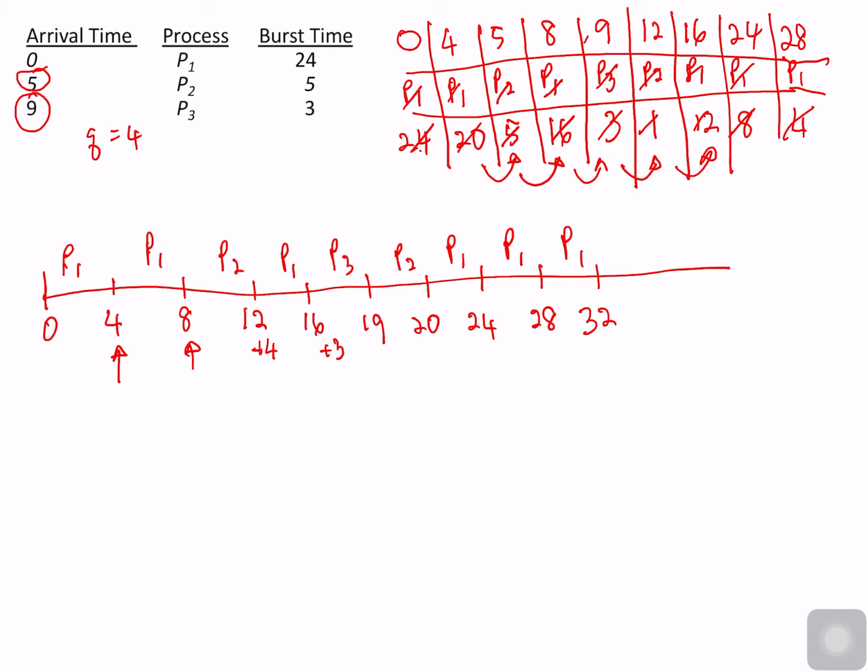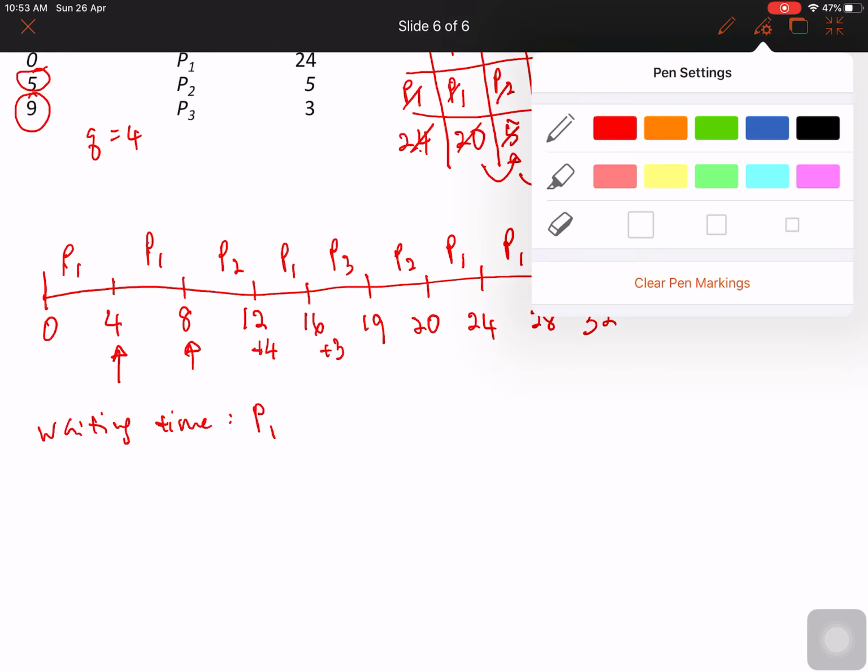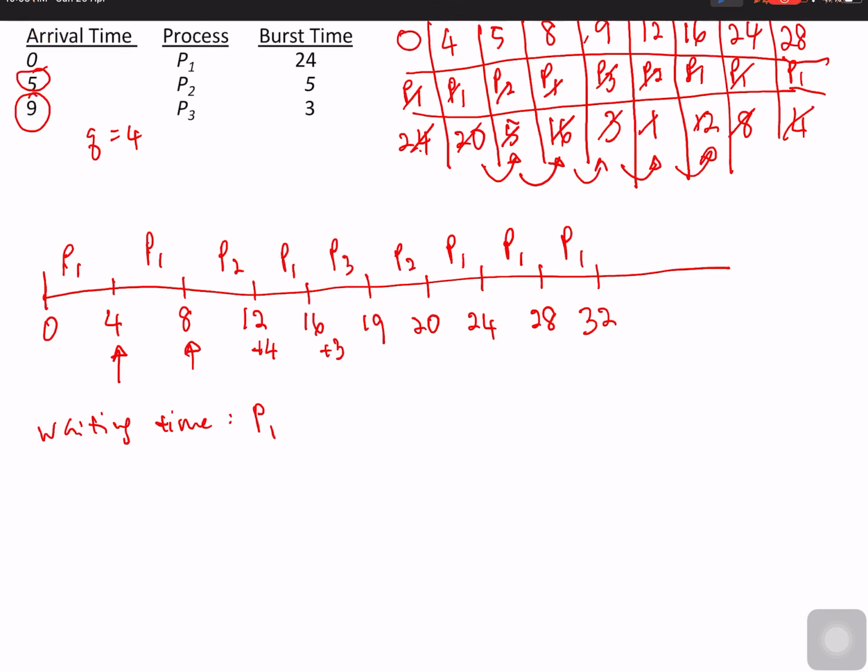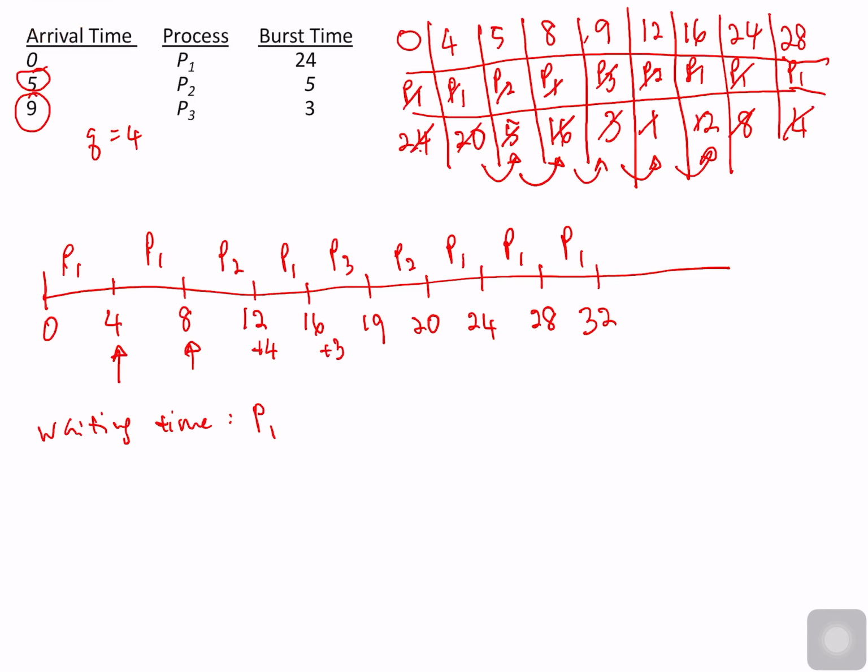Now we calculate the waiting time. For P1, if you see here, P1 waited for several times. We have P1 waiting here, and then we can see that P1 waits here as well.